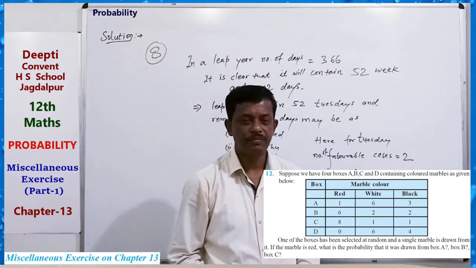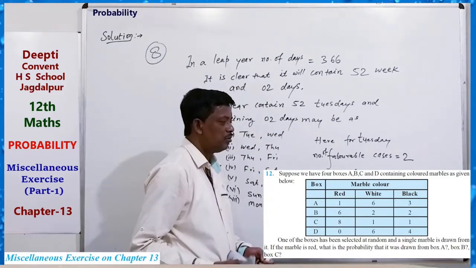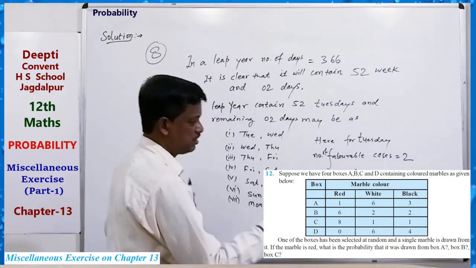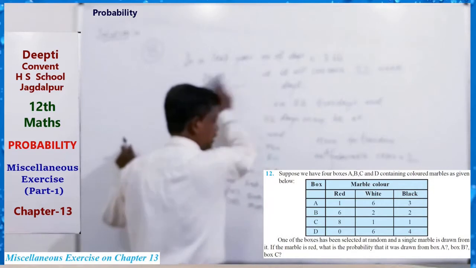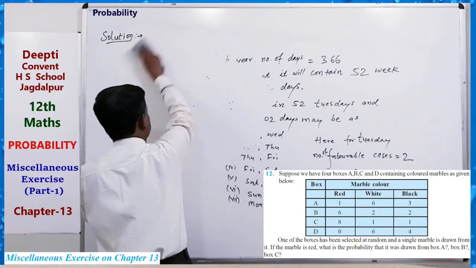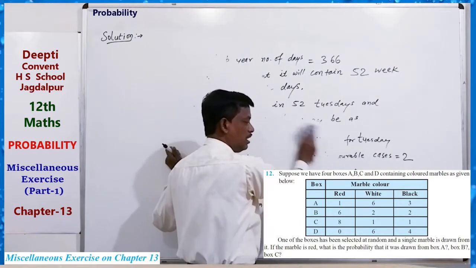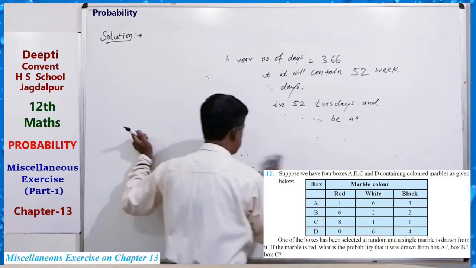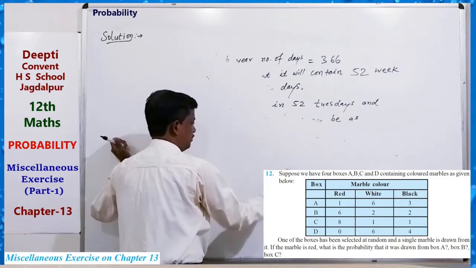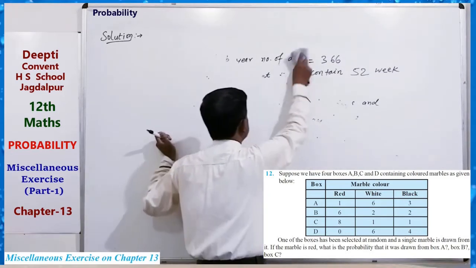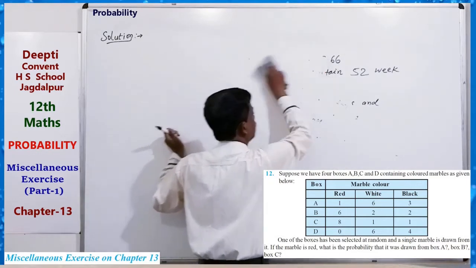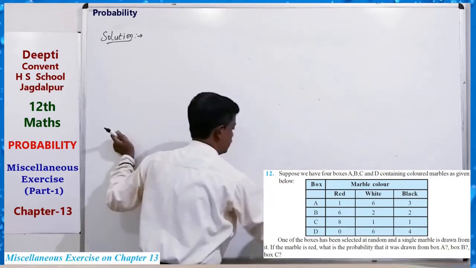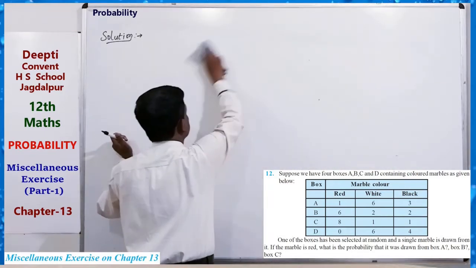In question 12, 4 boxes are given in tabular form, boxes A, B, C and D, containing red balls, white balls and black balls. The table gives how many red balls, black balls and so on. We have to select one of the boxes.